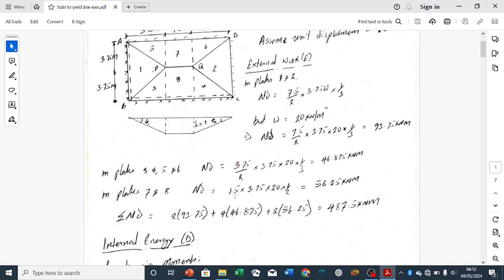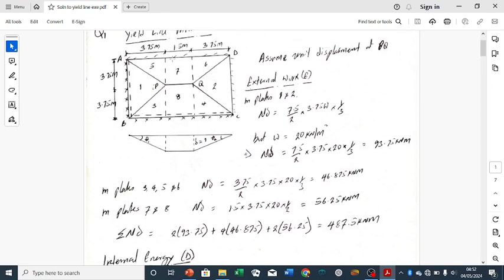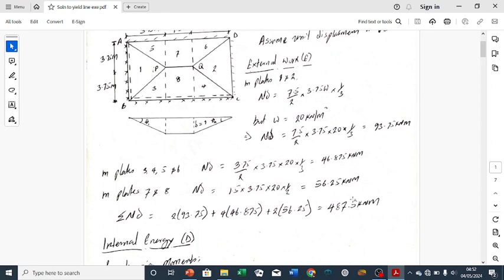Let's say the width here is 1.5, which is this place, and the length is 3.75. We multiply by our UDL, which is 20, and because this is a rectangle, our delta is 1 over 2. So we have 56.25 kilonewton meter.